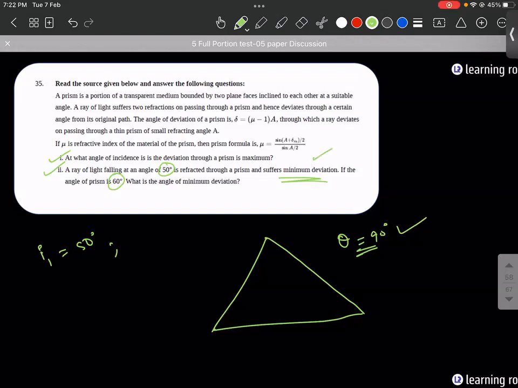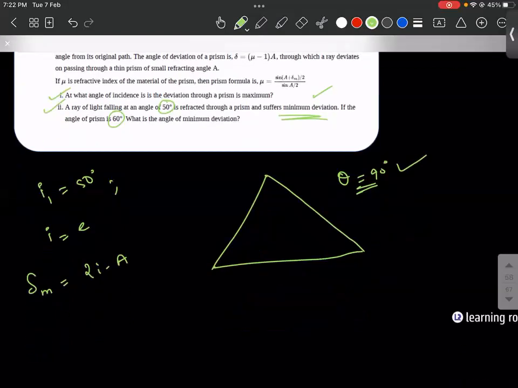Since they told minimum deviation, i is equal to e. What is the angle of minimum deviation? So delta m is equal to 2i minus A, and our delta is equal to i plus e minus A.